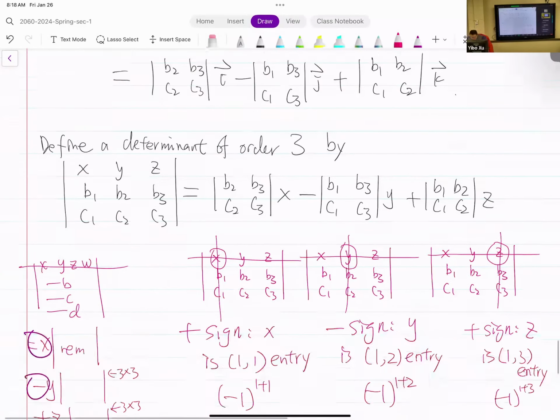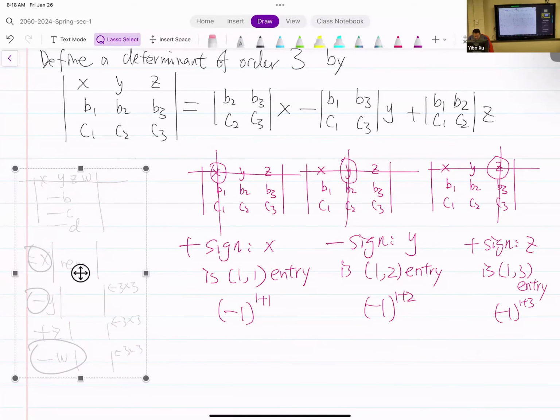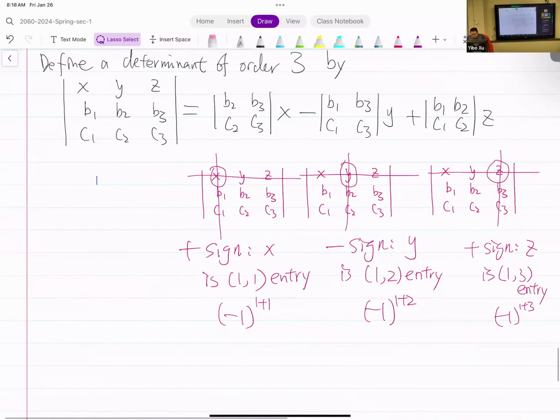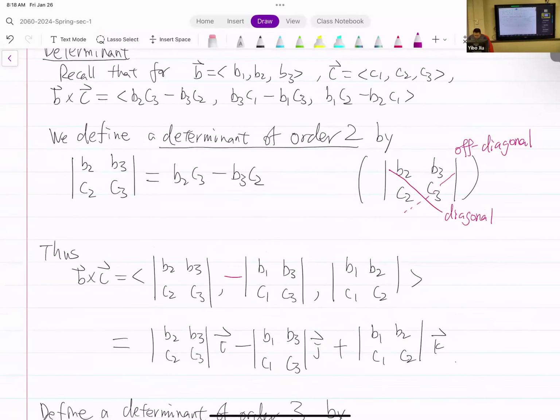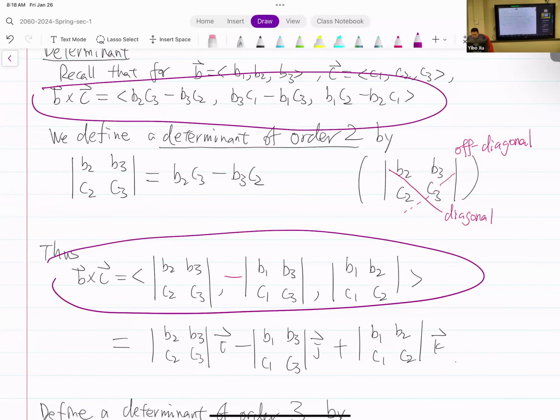Great. So yeah, well, the thing is, this definitely helps you to memorize, but it's not really required, right? Whenever you do the order 3 determinant, or whenever you do the cross product, you don't really have to do this formula in front of you. You can always do this, which is a little bit longer, or you can just do this, which is a little bit harder to memorize.